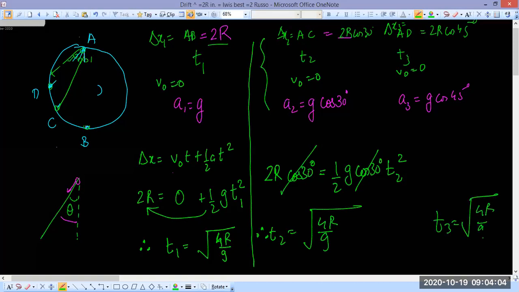Because every time you do this, the cos is always going to get cancelled. You don't have to put the value, it will get cancelled. Even if you put, it doesn't make any difference.